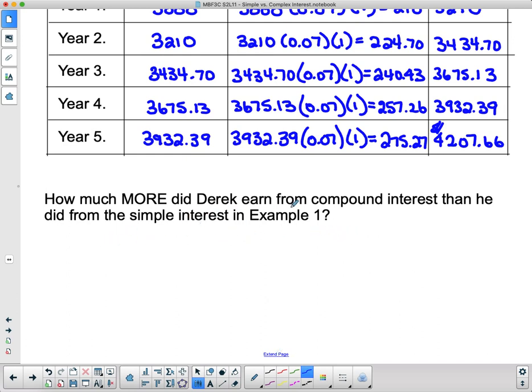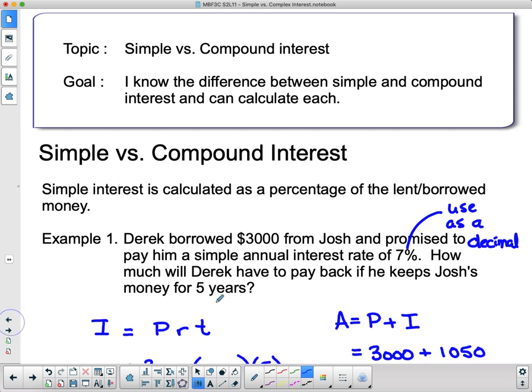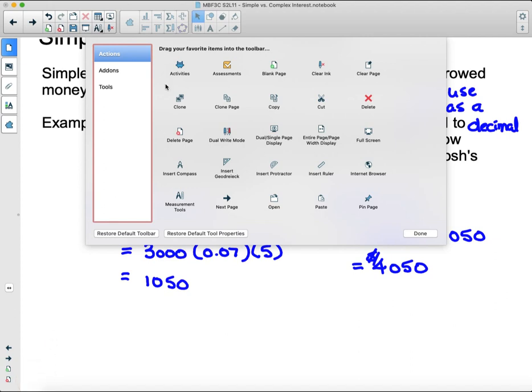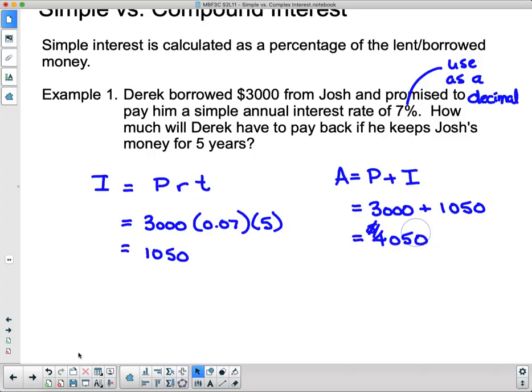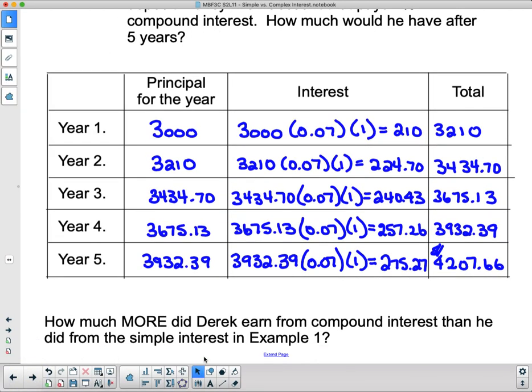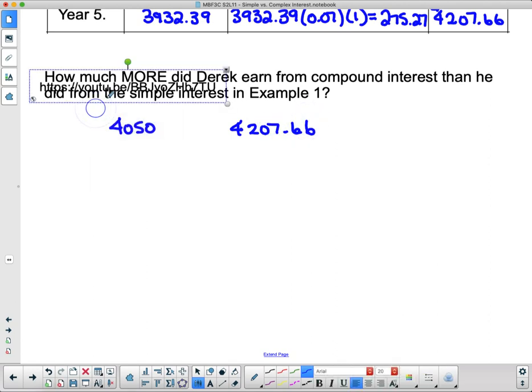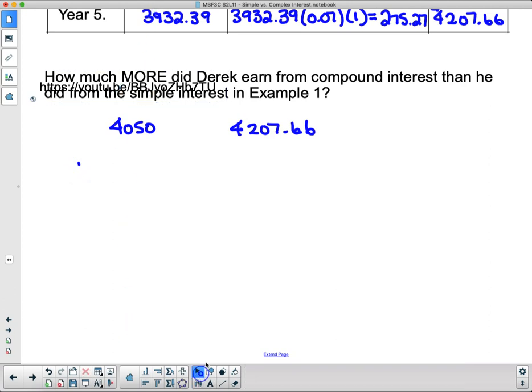So in example 1, his total was $4,050. And we have $4,207.66 from example 2. So something's going on here.